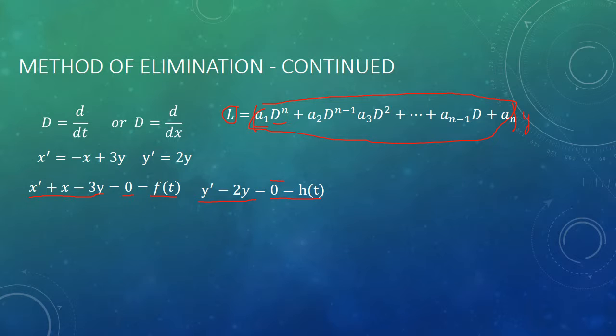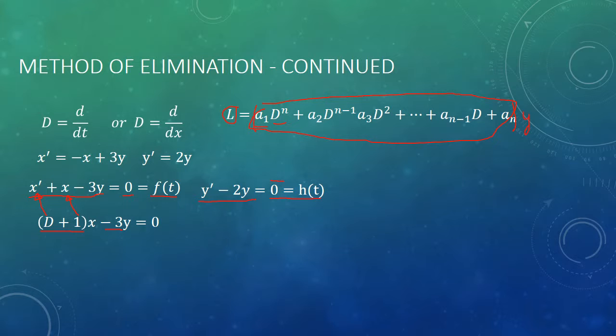Now I want to represent it in my D notation. So for the first one, x times 1 is that x, and x times d is that x. So I've represented my differential equation in the form of these operators. Okay, and then y here has no derivative, and so its operator is just minus 3.